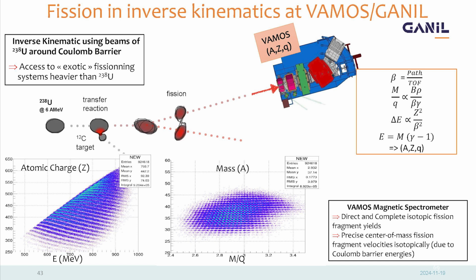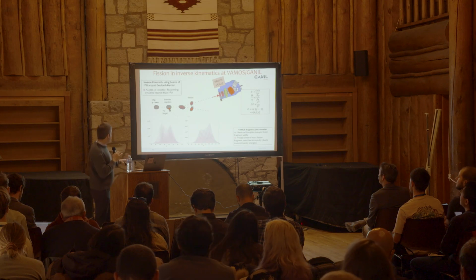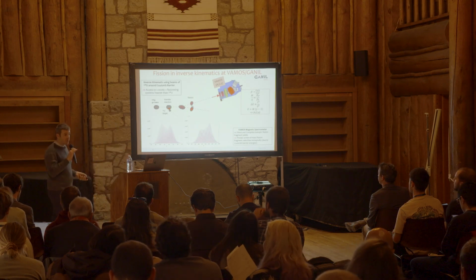Here it is measured by the rigidity. Here Q is the charge state. So we are measuring the charge state, and every blob here, you have lines like this, they are the mass. And this is the correlation between the energy loss and the total energy, and every line is a Z. So by doing this, you basically get the fission fragment distributions that you can see here, not corrected for acceptance.